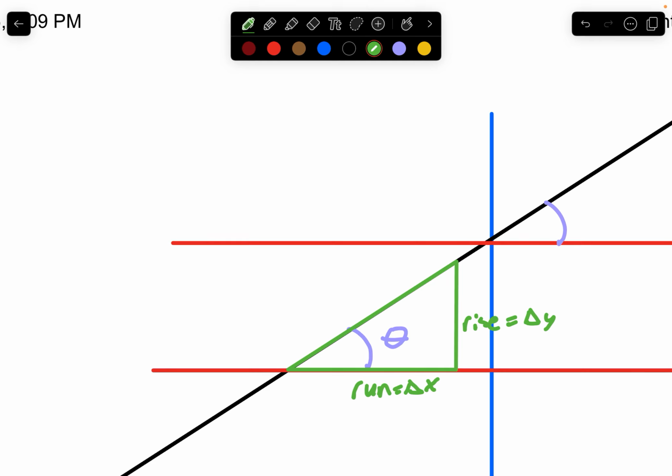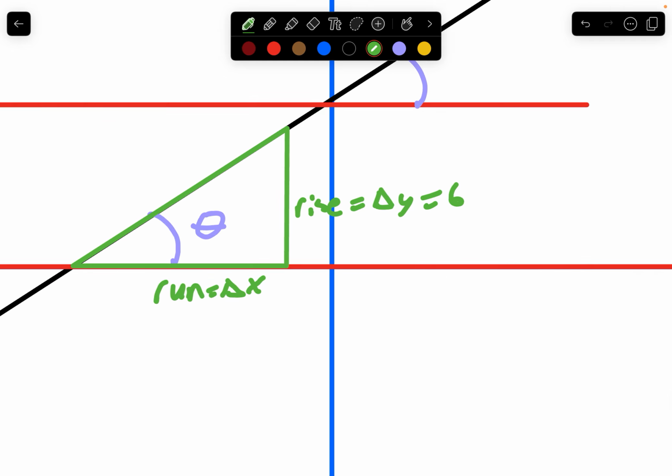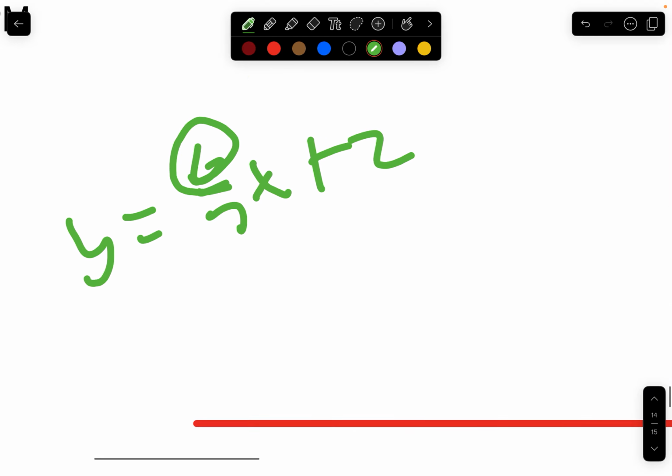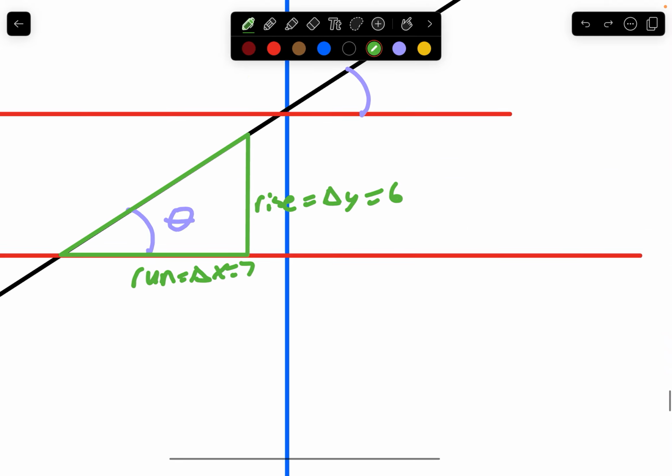When I give you a function like y equals 6/7 x plus 2, just making something up, what we know is that the rise is 6 and the run is 7 in that case. This is rise over run, 6/7. Did you hear that? That is the rise over the run.